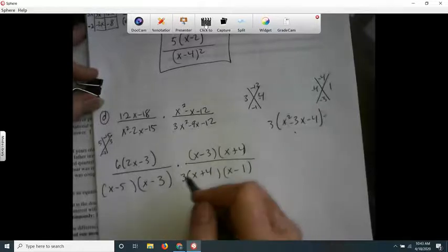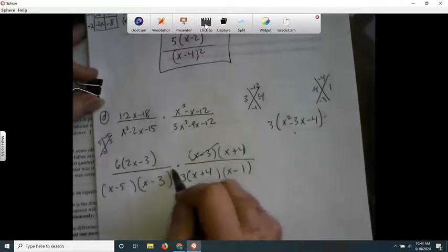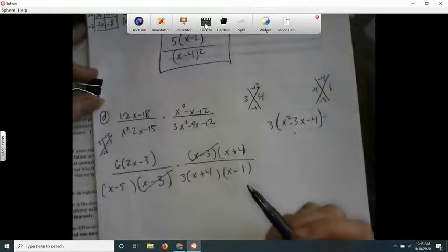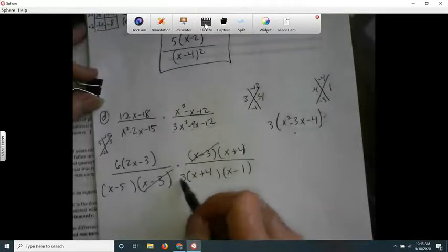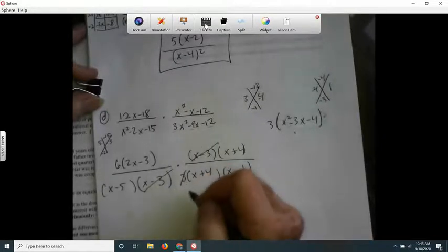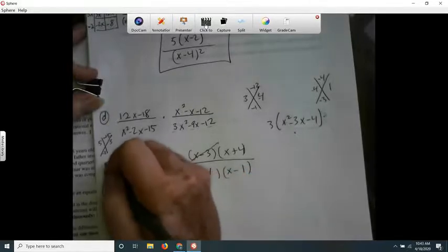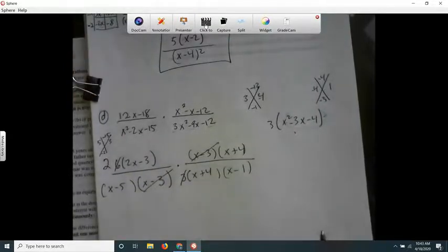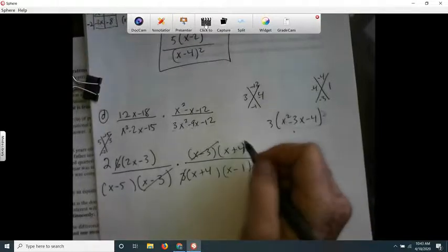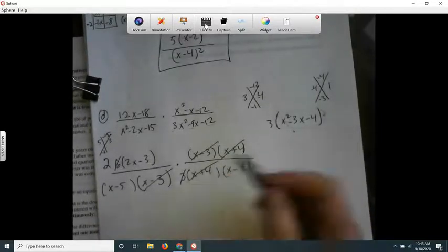There's that. There's that. I think the 6 and the 3, like 3 goes into itself once and it goes into 6 twice. I don't see any more x. Oh, here's an x plus 4 and an x plus 4.